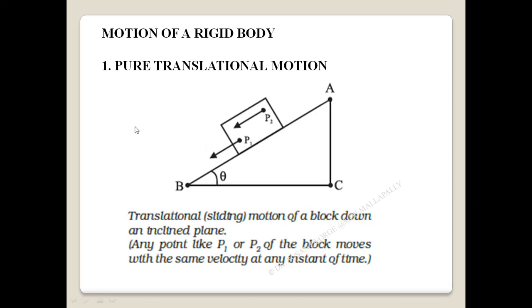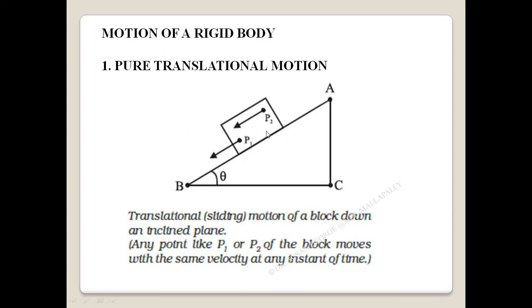Next, we will see what the different types of motion of a rigid body are. The first type of motion is pure translational motion, and we can see an example here. There is an inclined plane AB and a block sliding down that inclined plane.